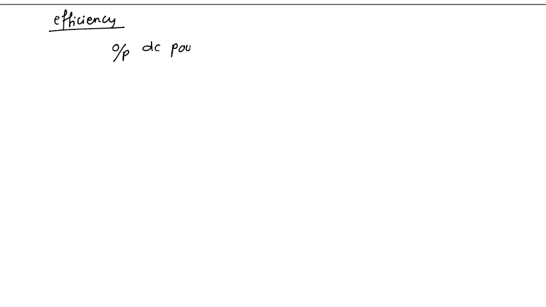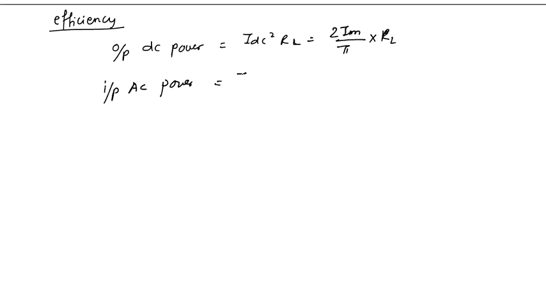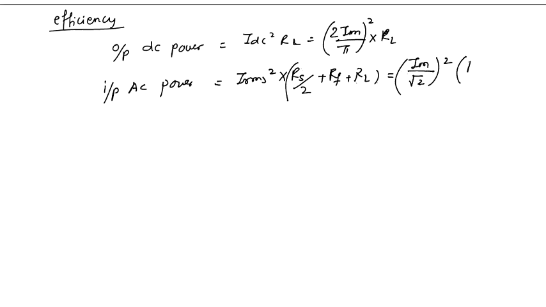Output DC power will be equal to IDC square into RL, which is equal to (twice Im by pi) whole square into RL, while input AC power will be equal to I RMS square into (RS by 2, taken only because half of the winding is used at a time, plus RF plus RL), which is equal to (Im by root 2) whole square into (RS by 2 plus RF plus RL).